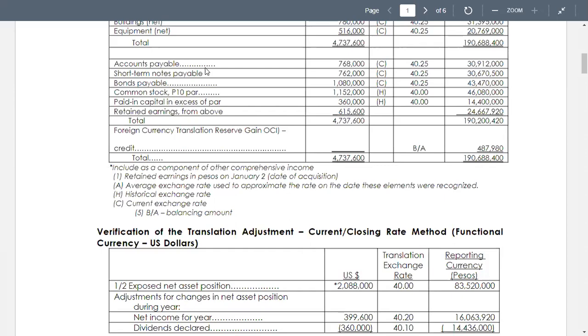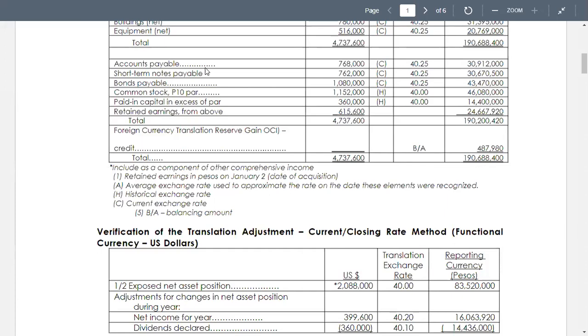Next, revenue and expenses related to assets and liabilities will be translated at historical rates or actual rates. Primarily inventory cost, depreciation, and amortization are translated at the respective historical rates used to translate the related asset or liability.